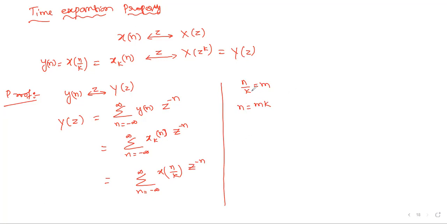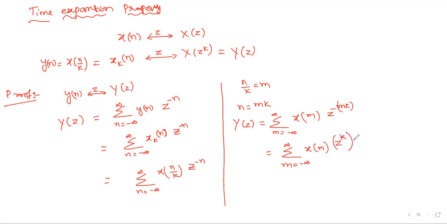Now you substitute n here; the limits don't change. Y(z) equals the summation from m = −∞ to ∞ of x(m) z^{−mk}, which is the summation of x(m) (z^k)^{−m}. So we get X(z^k). This is the time expansion property.